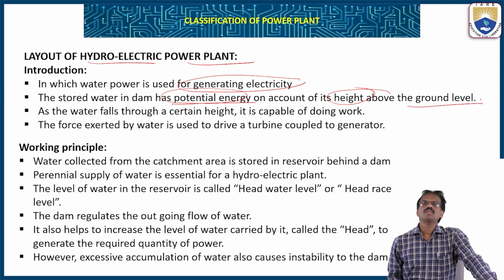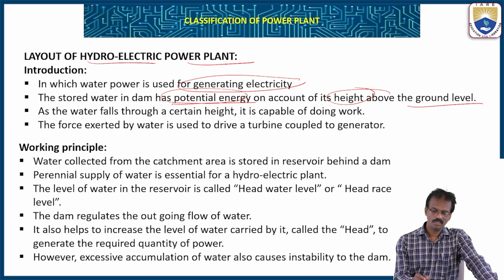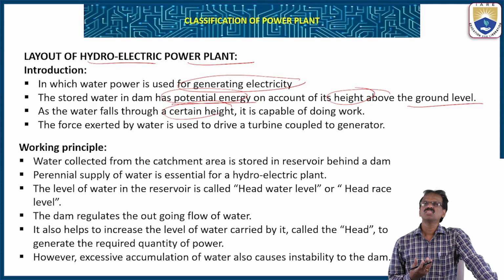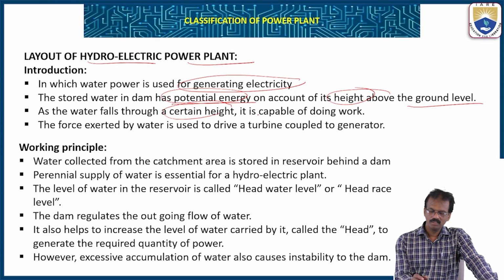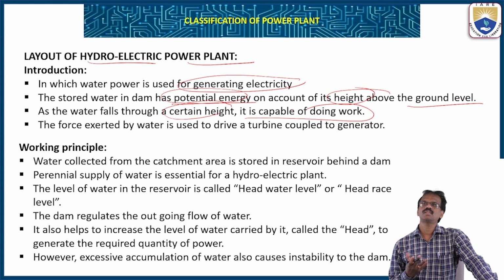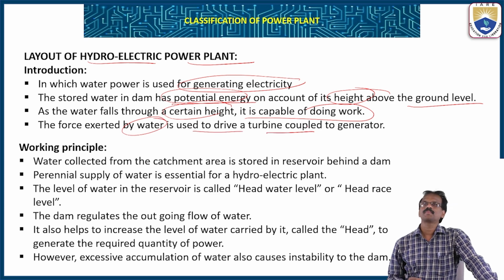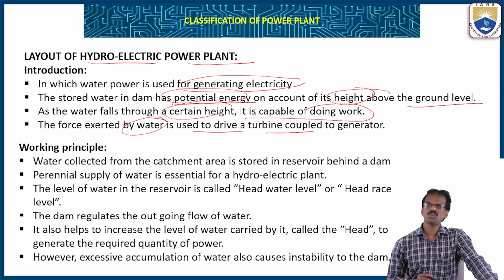As the water falls from a certain height, that water has potential energy, so it is capable of doing work. That potential energy has the capability of doing work. The force exerted by water is used to drive the turbine, and the turbine is coupled with the generator.